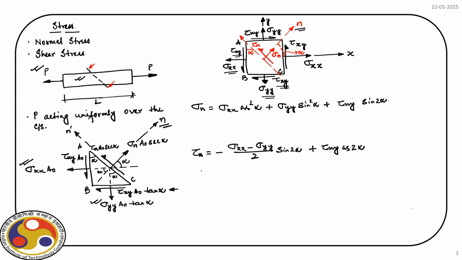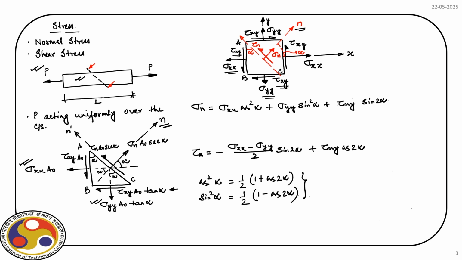Now, let us simplify the first expression. So, if you recall, cos square alpha is equal to half 1 plus cos 2 alpha, and sin square alpha is equal to again half, for sin it is 1 minus cos 2 alpha.